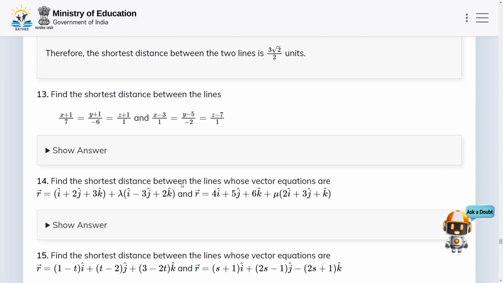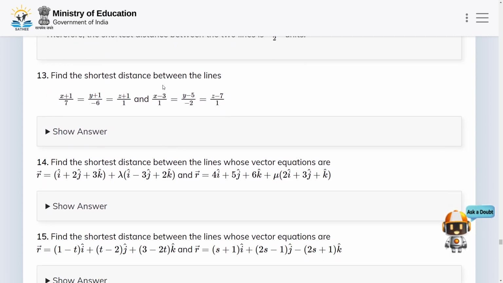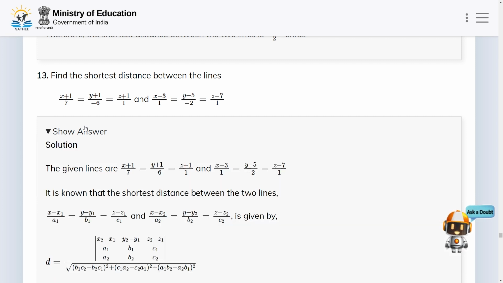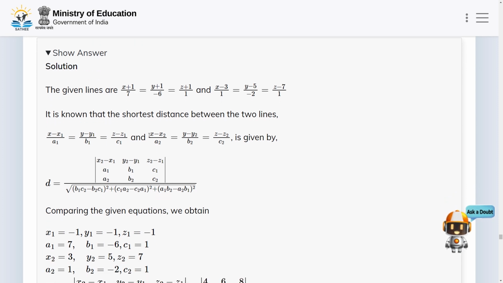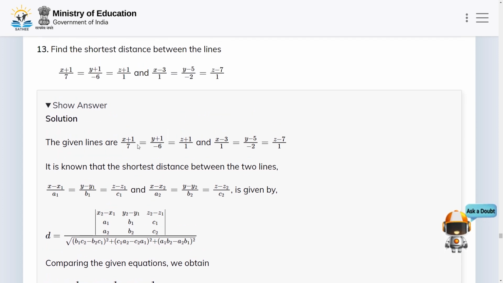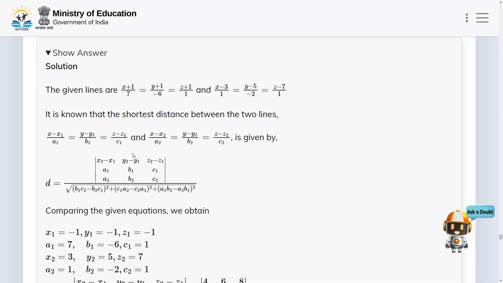Now 13th problem. Find the shortest distance. The same approach we will be using. Let's see. Given two lines. We know if you are given the two lines in the Cartesian form, then the shortest distance is given by this: x2 minus x1, y2 minus y1, z2 minus z1, a1 b1 c1, a2 b2 c2.